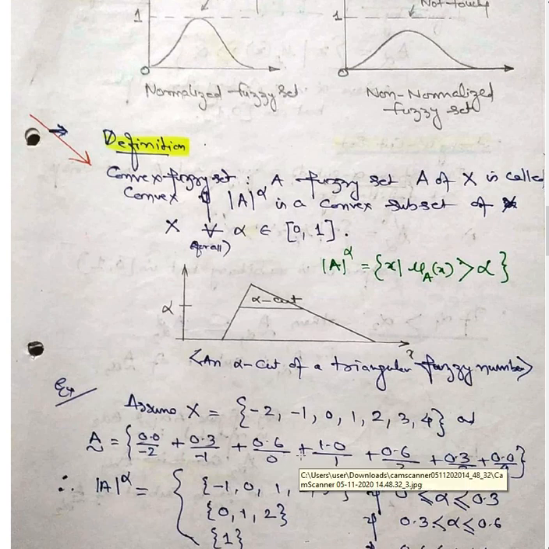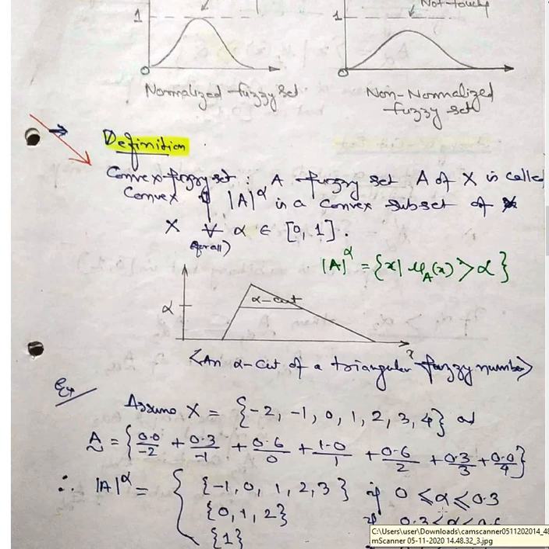Then the next case, alpha between 0.3 and 0.6, will have the values 0, 1, 2. So you see 0, 1 and 2. Under this range your alpha value is coming.